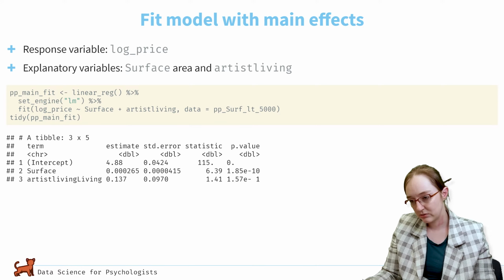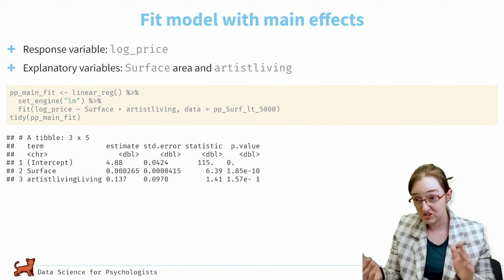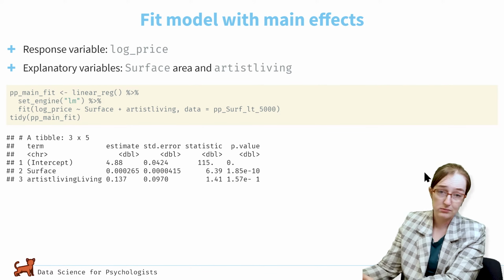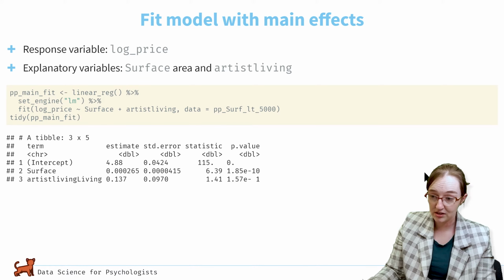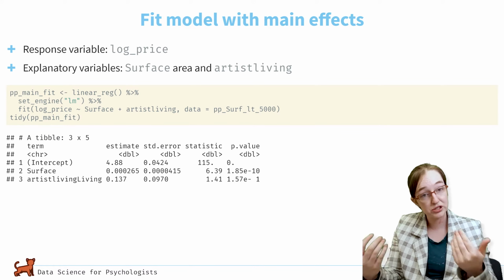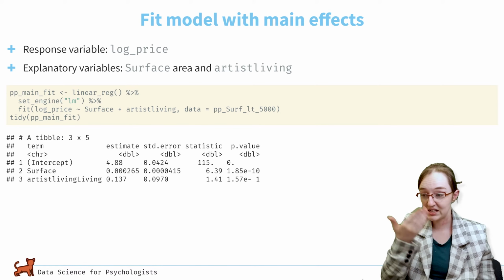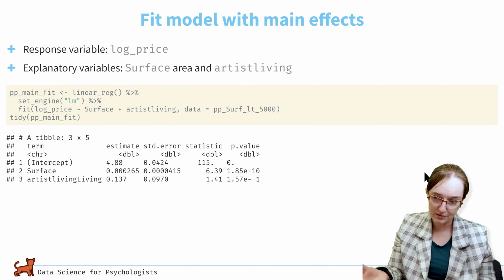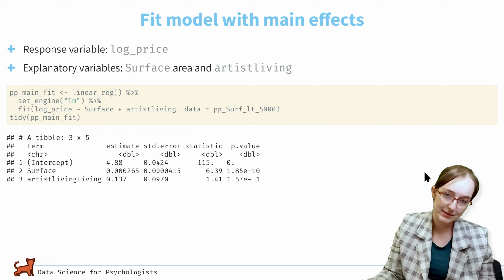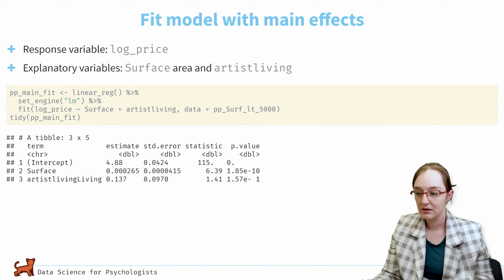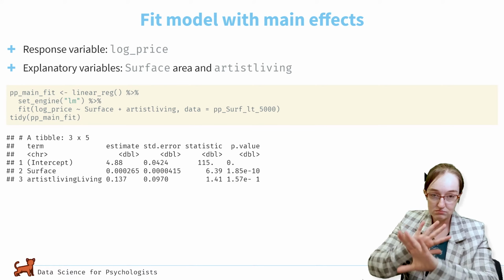Okay, so we are going to just do the main effects first, where log price is a function of predictor 1 plus predictor 2. Then we assign our data, and then we tidy it all up. And then it will spit out most of the important things, not all of the important things, but it's a good first glance.